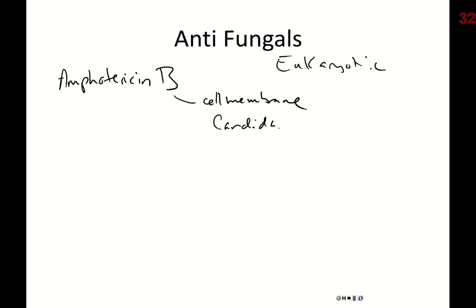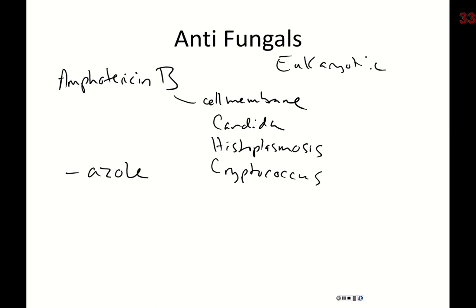We've talked about Candida, histoplasma, which is the valley fever that I think you read about in the case study, and then Cryptococcus, all of which can cause either pneumonia or meningitis, which are the two most common things that they cause. Also, there's a bunch of different drugs that end in azole, like that. Those are usually antifungals as well.